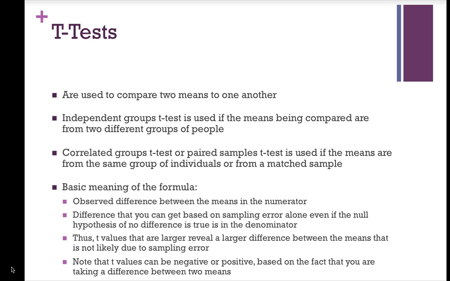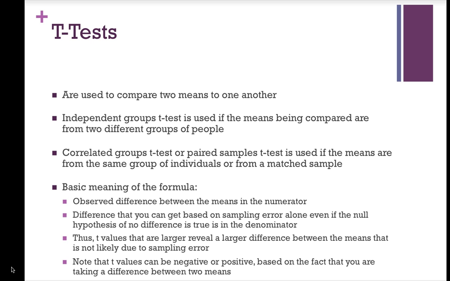Now the basic meaning of the t formula, you can go back to your statistics book to look up how to calculate it exactly, but what you're looking at is the observed difference between the means in the numerator of the formula. So the mean from 1 group or the mean of a group of individuals at the pretest compared to the mean of a second group if it's an independent groups t-test, or a post-test score, for example, if it's a paired samples t-test.